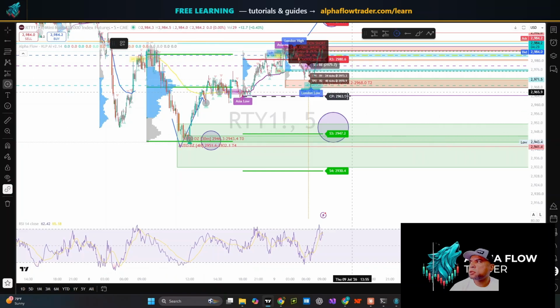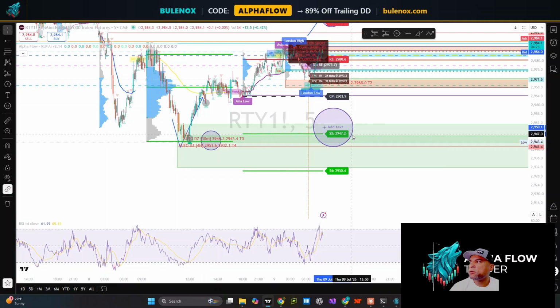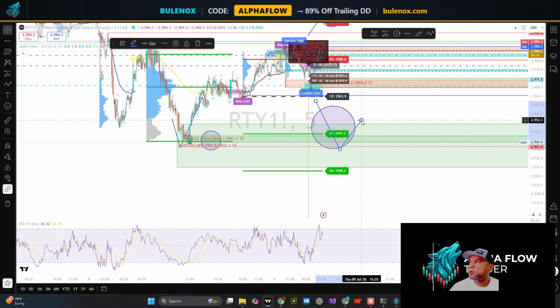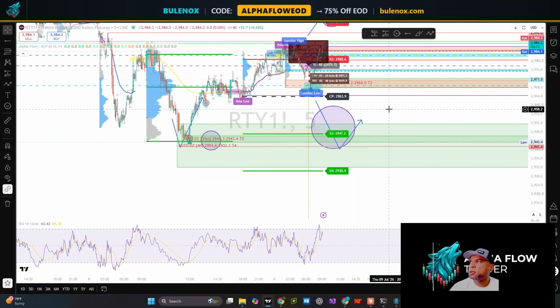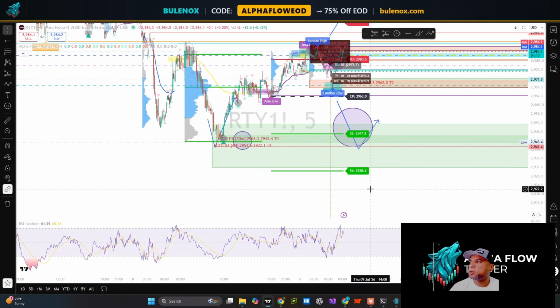So if we could take out all of this area, that's our blast radius. If we can come down here, take that out, and then start rejecting off of this demand zone, that would be ideal. Nice S3 setup. Otherwise, S4 looks good as well because we're below all of that stuff.